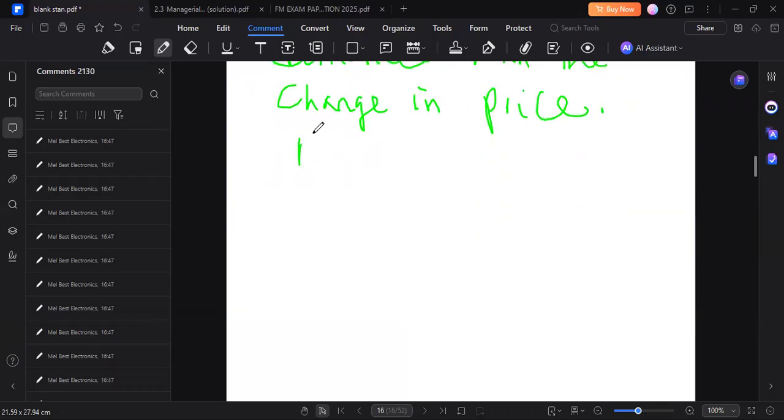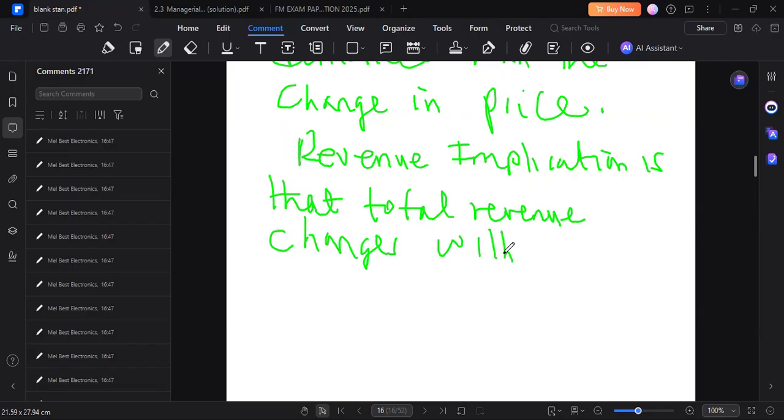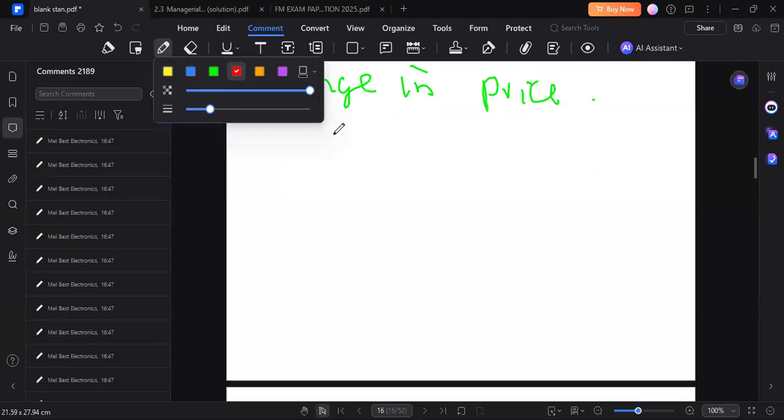So what is the revenue implication? The revenue implication is that total revenue changes with the change in price. So the graph for this one becomes this way.